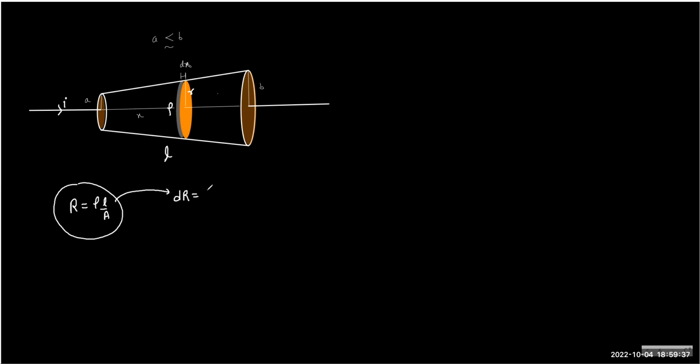dR is rho dx upon the area, which will be 2 pi r. Area is 2 pi r into L. Are you sure? Okay, so much confusion.